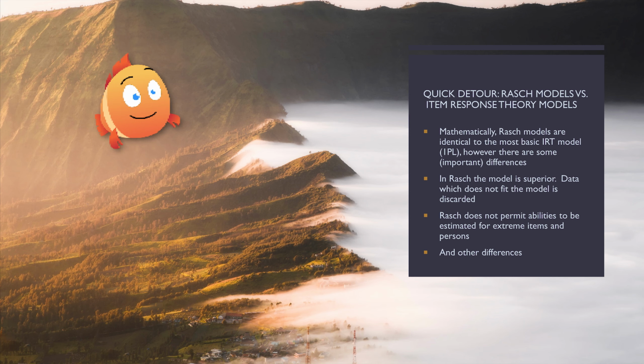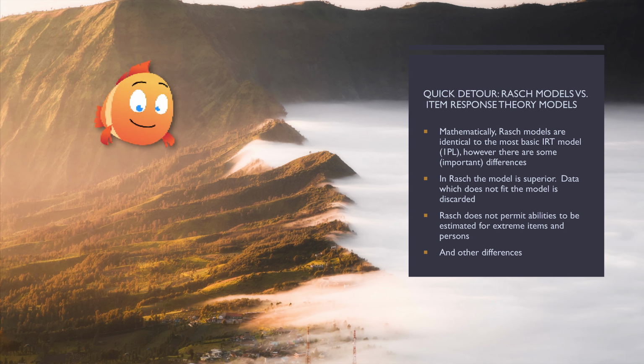Okay, so let's do a quick detour. Mathematically, Rasch models are identical to the most basic IRT model, the 1PL model. However, there are some small but important differences. In the Rasch model, the model is superior: data which does not fit the model is discarded.